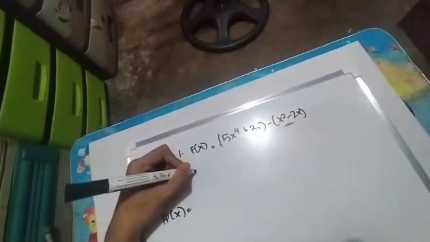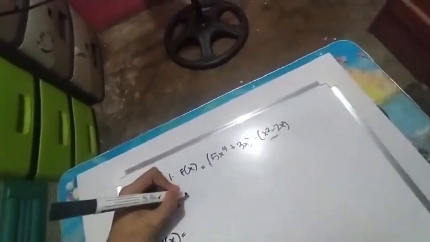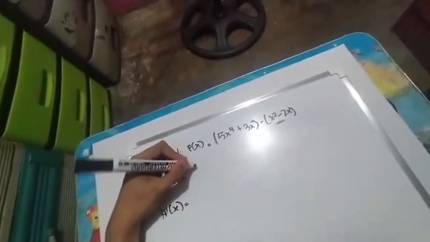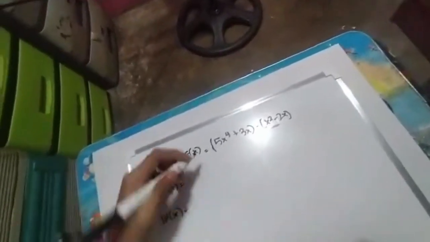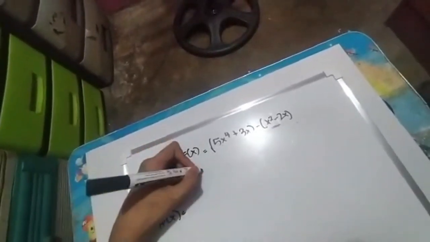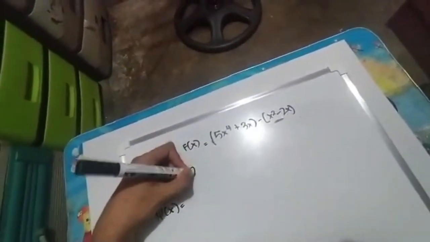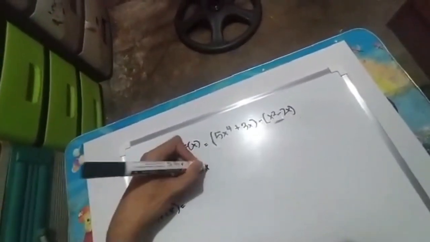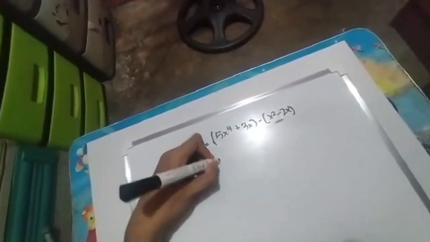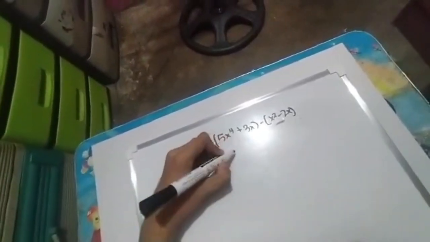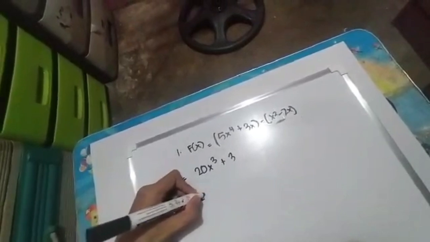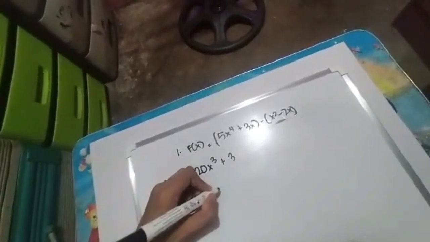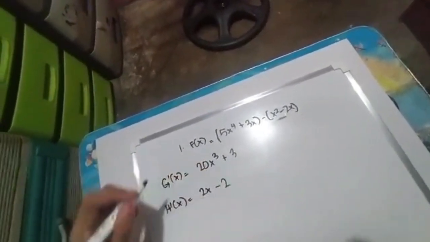First is 5x to the power of 4. So what we will do is the power rule. So it becomes 20x cubed, plus the 3x becomes 3, and then the x squared becomes 2x, and then the 2x becomes 2.